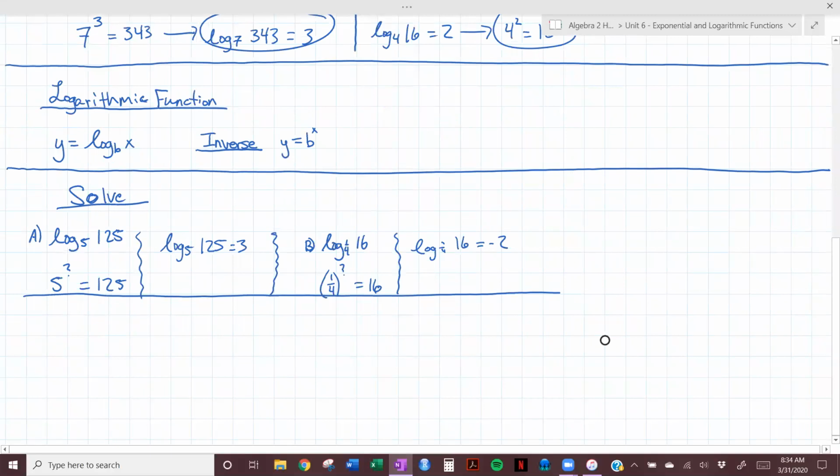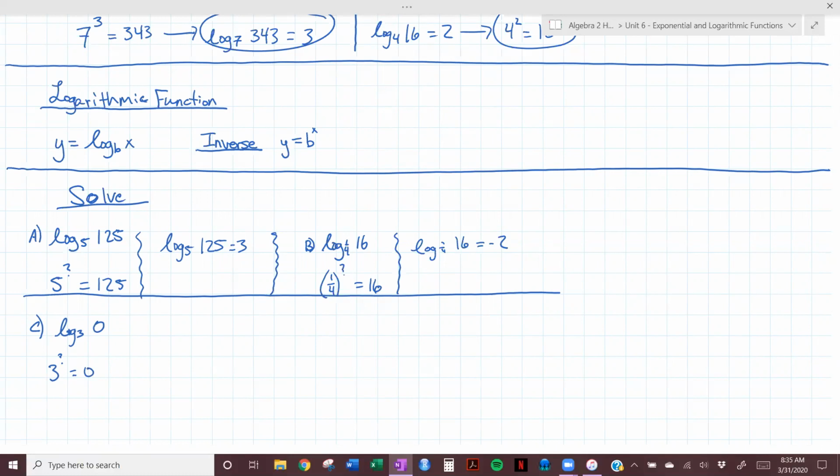For C, we have log base 3 of 0. The way we're going to think about this is: 3 to the what gives me 0? A lot of you would think, oh, 3 to the 0 gives me 0. That's not the case. 3 to the 0 is 1.